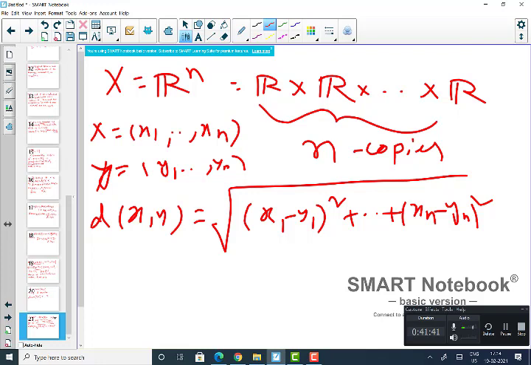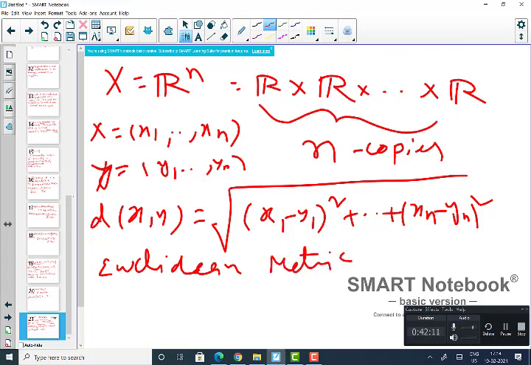This is the Euclidean distance, the metric which is also coming from the norm. There is a norm here, and then you can talk about the topology induced by the metric. Okay, or you can define another metric. So this is obviously the Euclidean metric, so let me write down Euclidean metric.